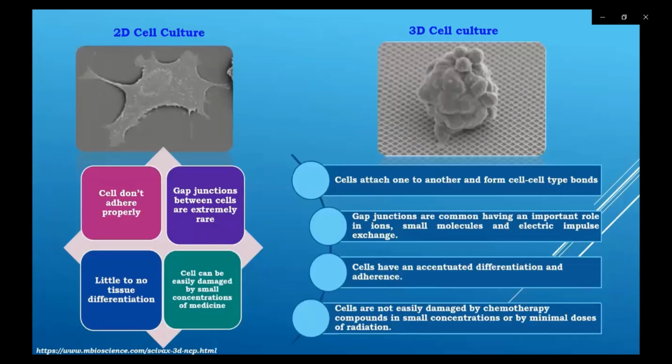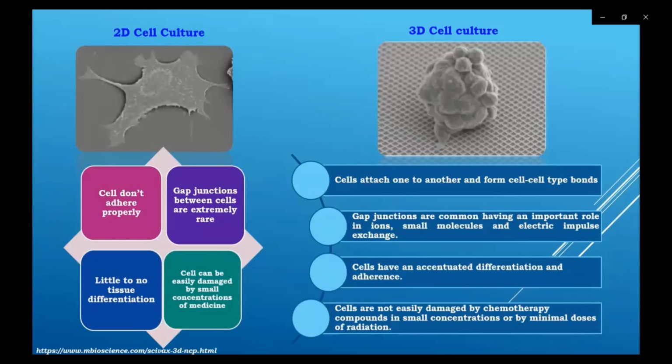Other differences between these types of cell cultures are that in 2D cell culture, cells don't adhere properly. In 3D, cells attach one to another and form cell-to-cell tight bonds. Also, gap junctions between cells are extremely rare in 2D cultures. In 3D, gap junctions are common, having an important role in ion, small molecule, and electric impulse exchange.